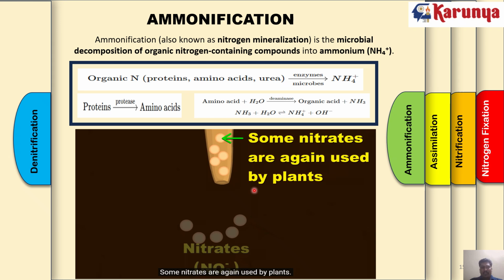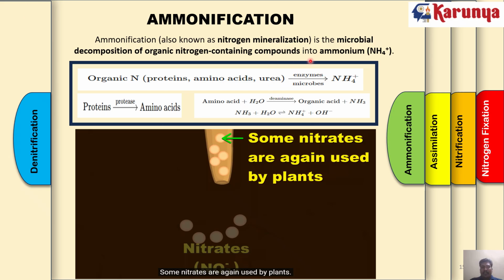So what is ammonification here? Ammonification is otherwise called mineralization. When plants or animals die in the soil, or when their life cycle is completed, they undergo the mineralization process.